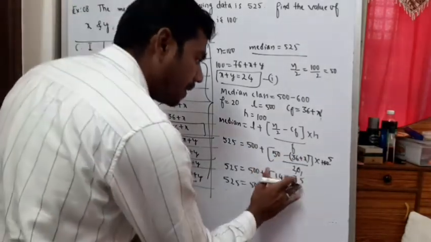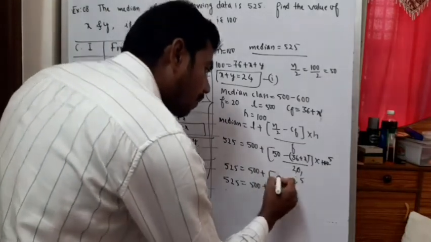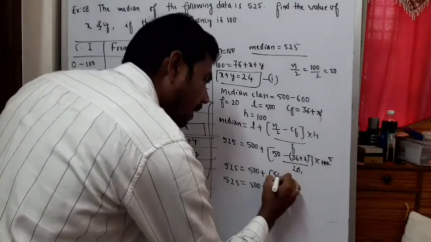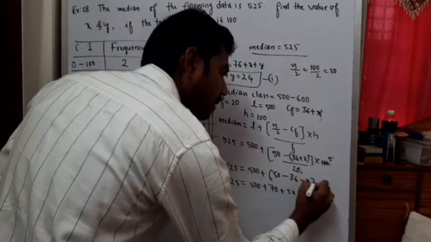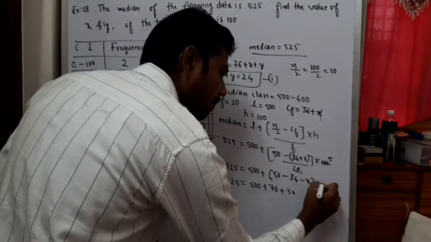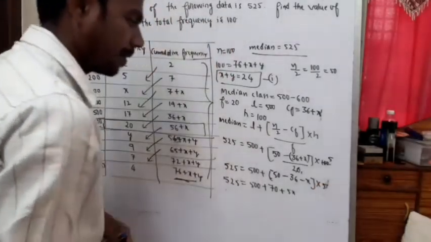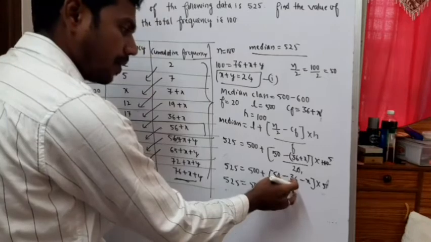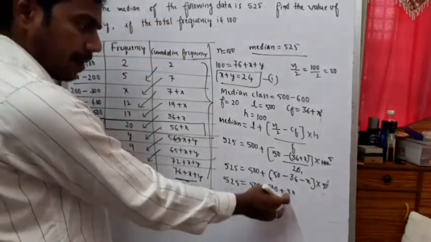So wait, here I will change the data, that is 50 minus 36 minus x into 5. Okay, now 50 minus 36 is nothing but 14. 14 into 5, 70 minus 5x.